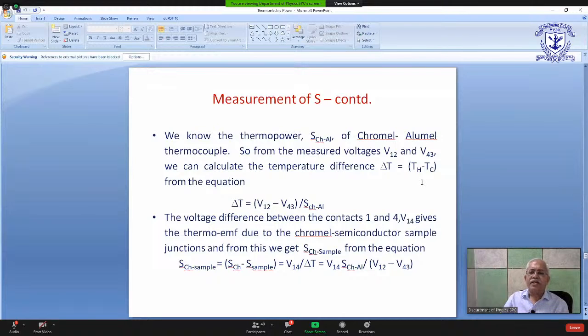One can now measure the potential difference between terminals 1 and 4, which means between the chromel wire of junction 1 and, between 1 and 4, let me see.